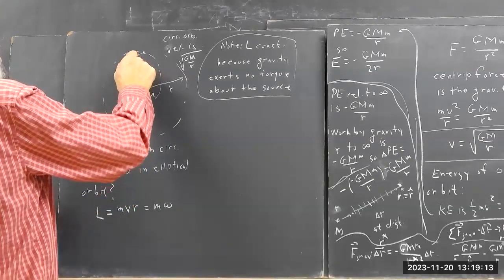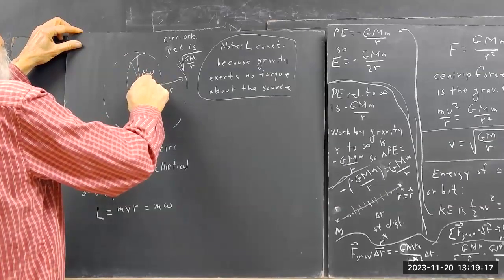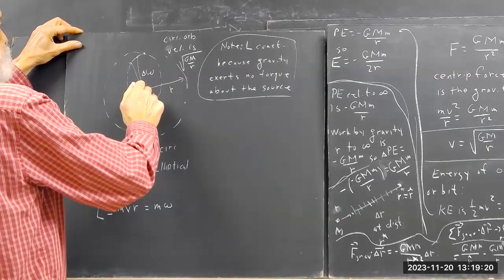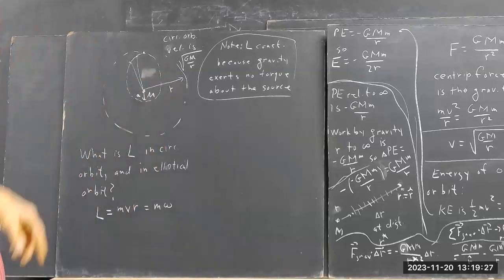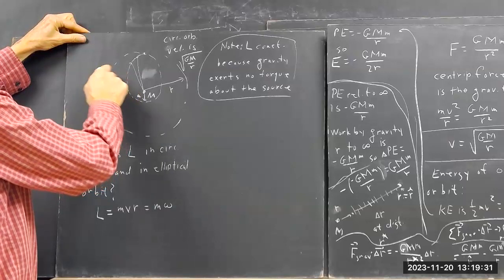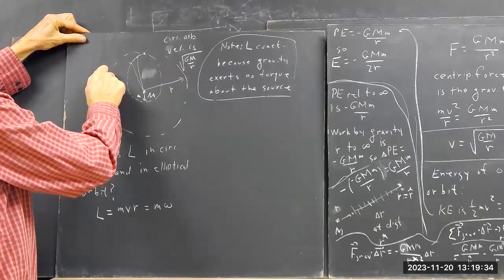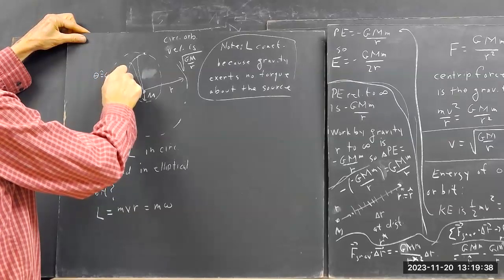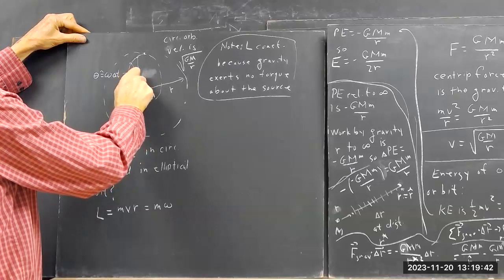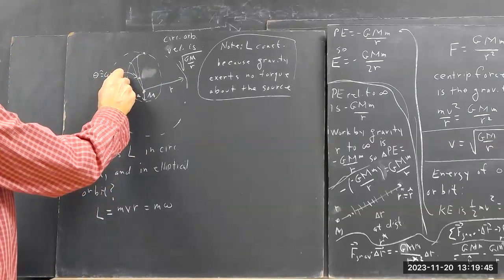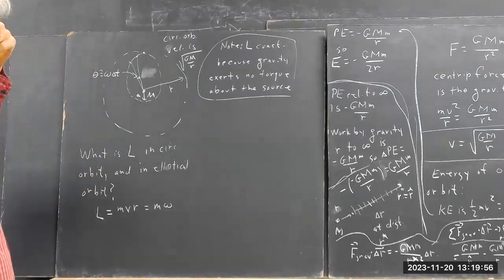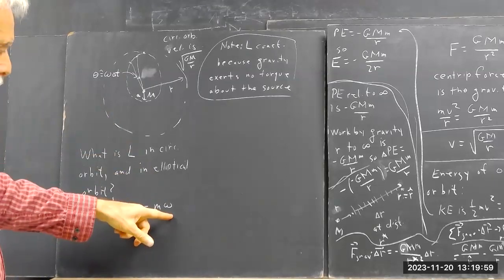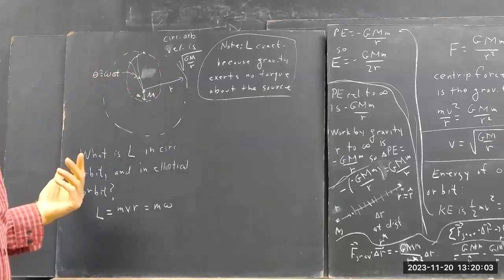So if I had two positions here, there's an angle theta, which is omega delta t, omega being the rate at which your theta is changing, right?